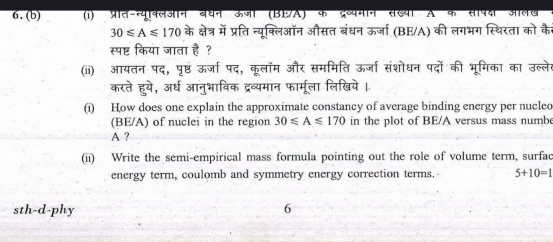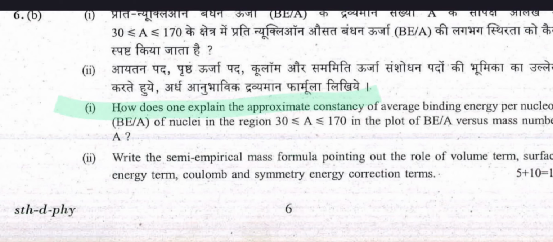Question number 6b is here. How does one explain the experimental constancy of average binding energy per nucleon, BE upon A, for nuclei in the region 30 less than A less than 170 in the plot of BE upon A versus mass number A?